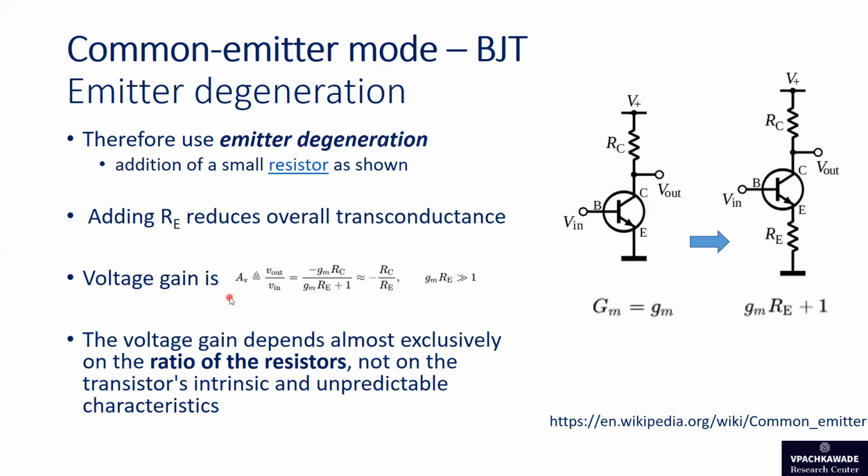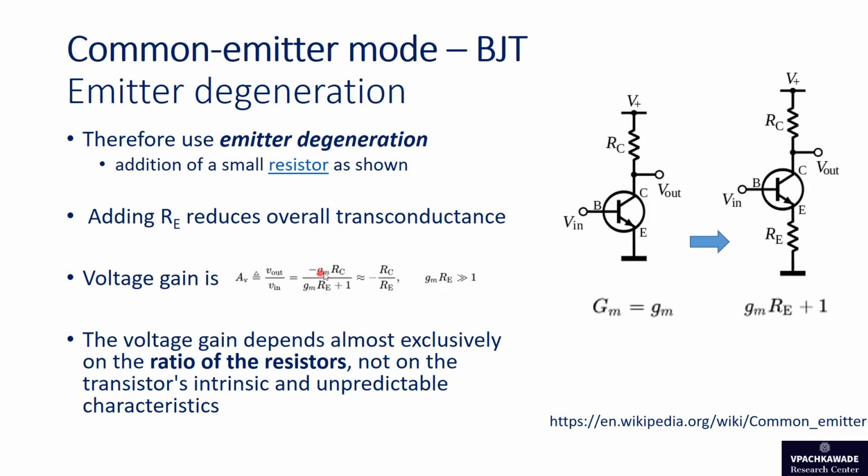So here we see that the voltage gain is given by the expression, which is the ratio of output voltage divided by the input voltage. When you don't have an emitter resistor in the circuit, the gain of this circuit is simply minus gm times RC. Because when you put RE equal to 0, this expression becomes minus gm times RC.